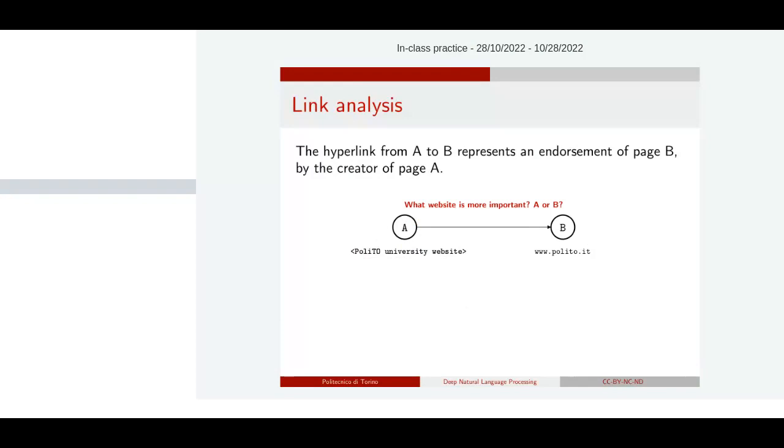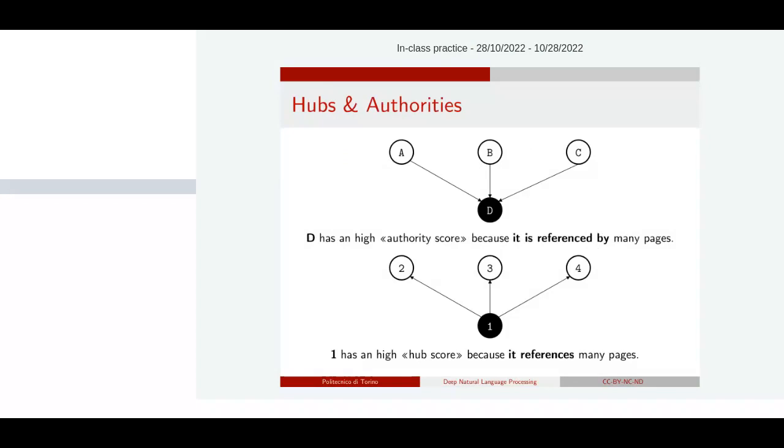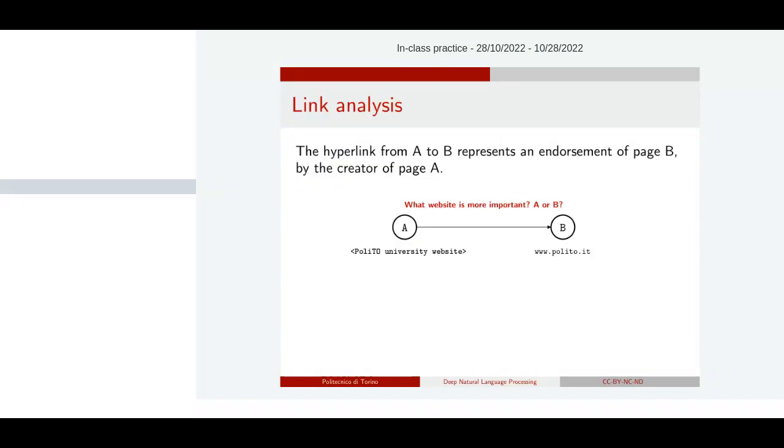In this case, if I just have this information, what website is more important, A or B? Actually, B. Who said B? Yes, it depends on how you define importance.